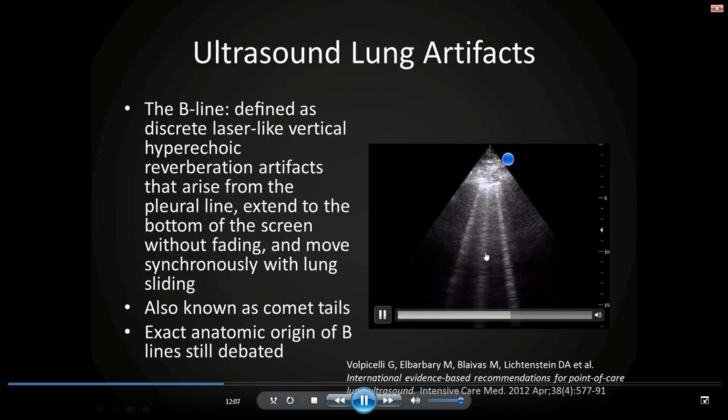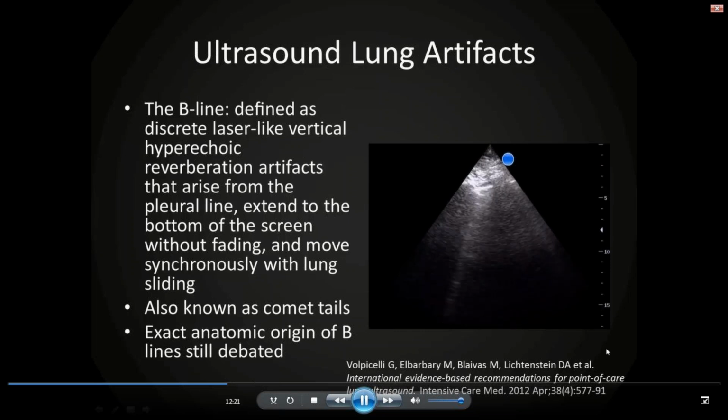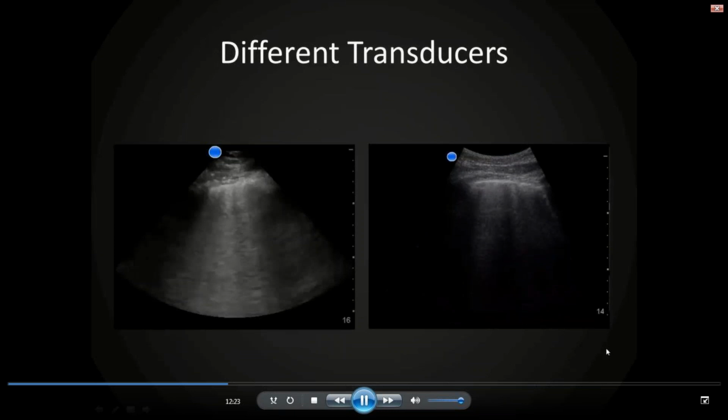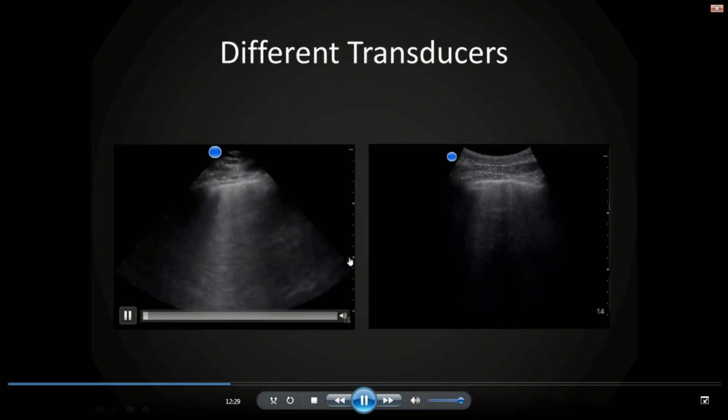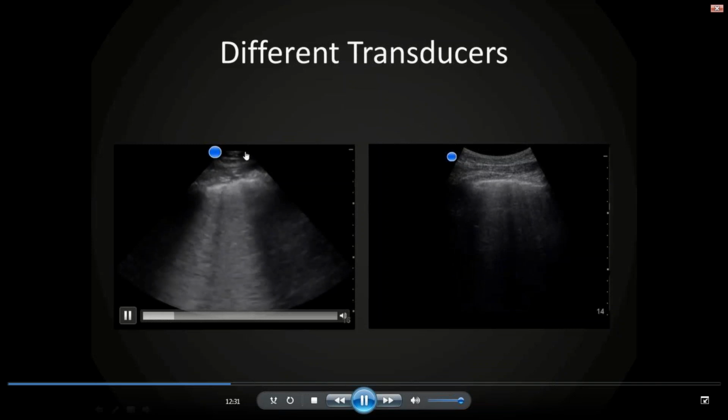But this is a field view with one rib interspace with multiple B lines. Notice how it's easier to track B lines in video format with a live image rather than with a still image. It's hard to capture all the B lines that may be seen. Here's another case, multiple B lines using a curved abdominal transducer. And here is a blended transducer.